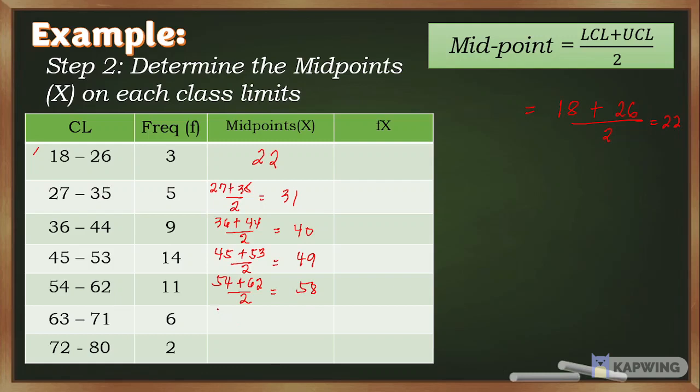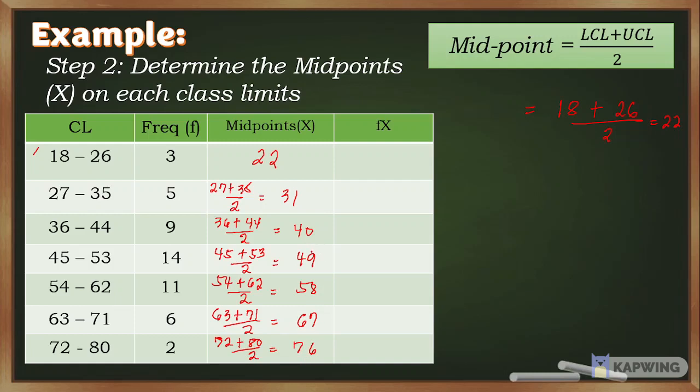Next, 63 plus 71 over 2 is equal to 67. And last, 72 plus 80 over 2 is equal to 76.